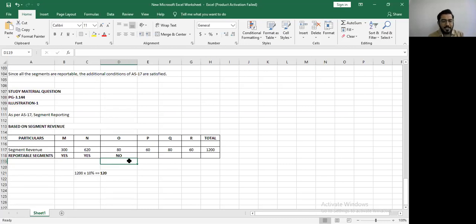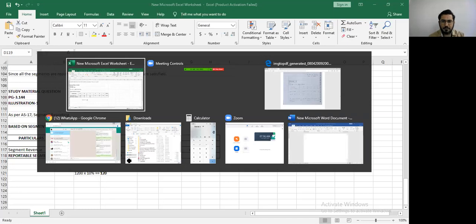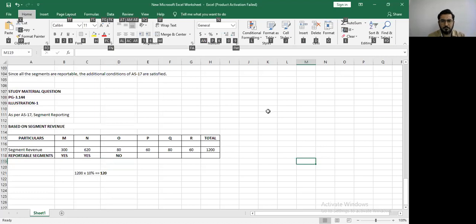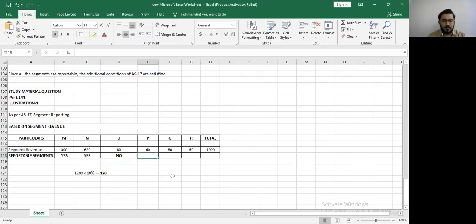What about segment P? Are separate disclosures required for segment P?